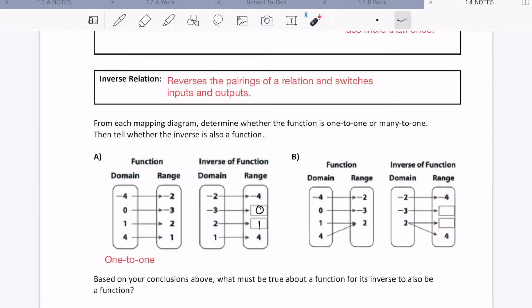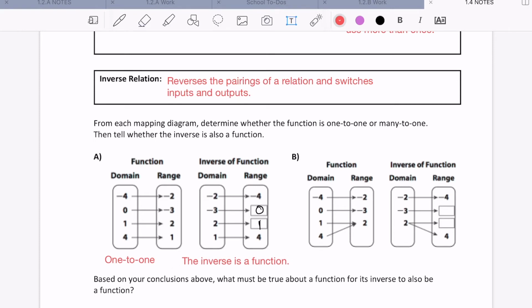And again, even though we flipped them around, x to y, x to y, x to y, x to y, they're all different. So in this case, the inverse is a function. It originally was a function, and it stayed a function because it is a one-to-one.